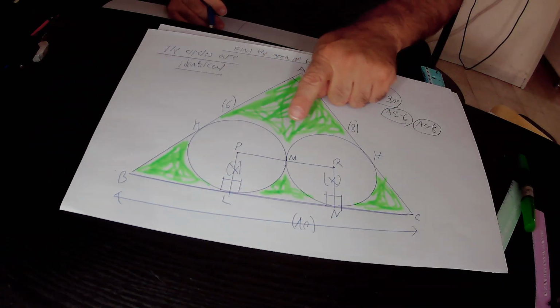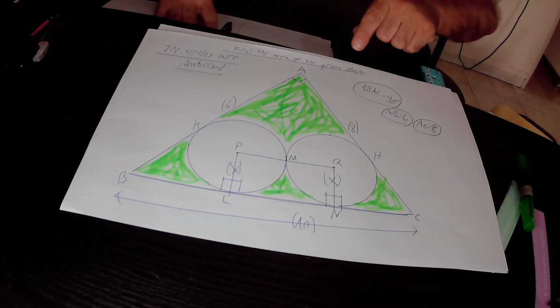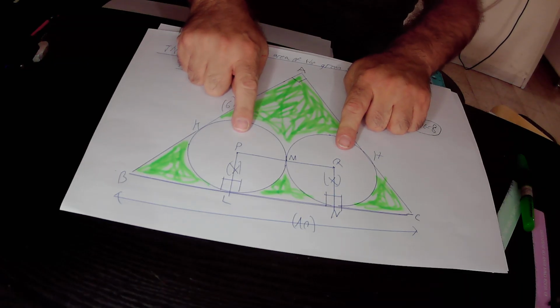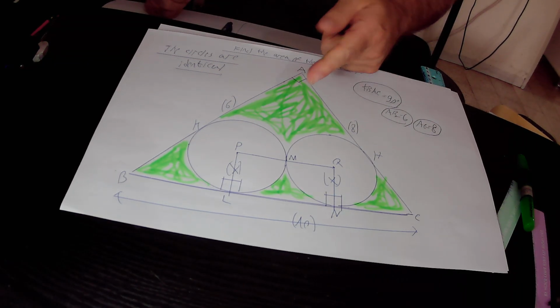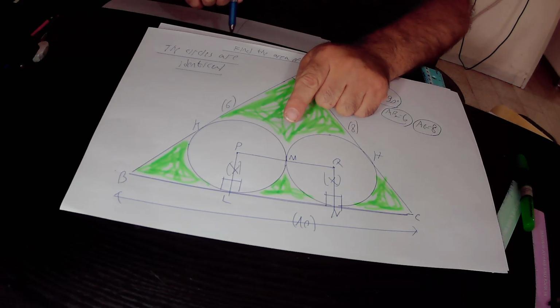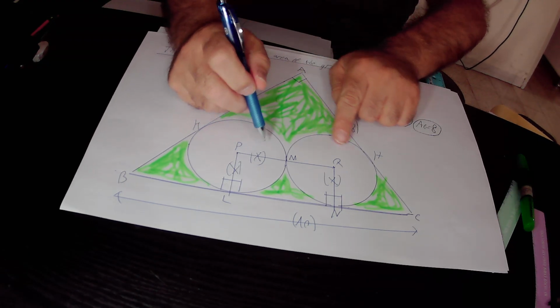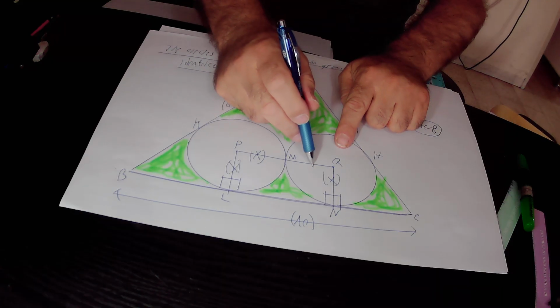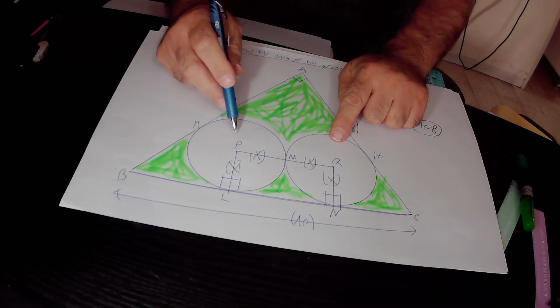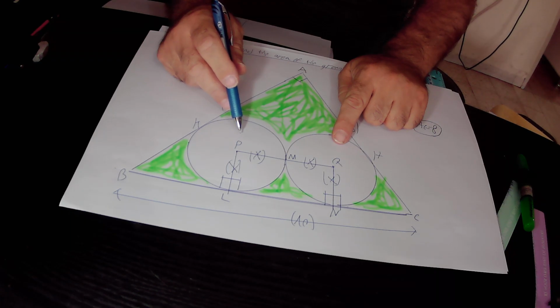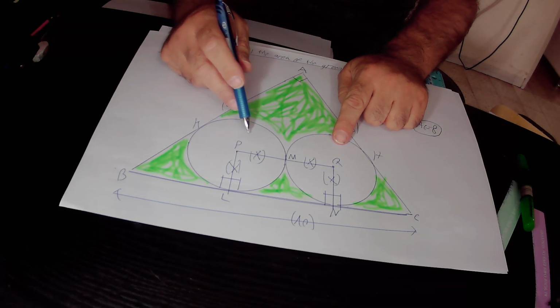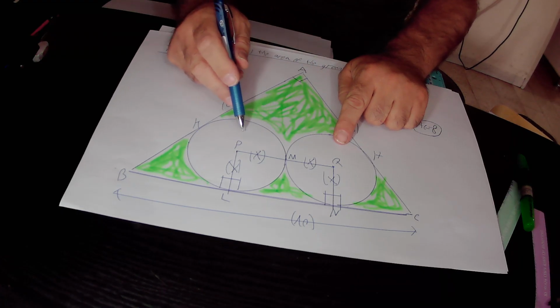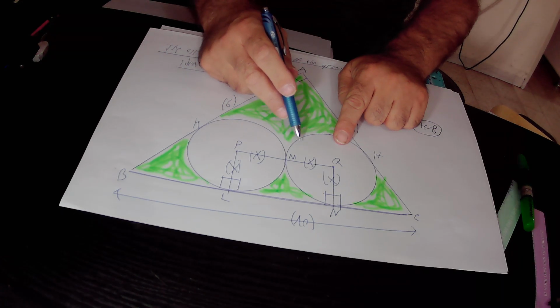And because PMQ is one straight line, PQ in total must be equal to PM plus MQ. PM is the radius of this circle, equal to X. Likewise, QM is also a radius of this circle, equal to X. So PQ equals PM, that is X, plus MQ, that is X. So PQ in total equals X plus X, that is 2X.